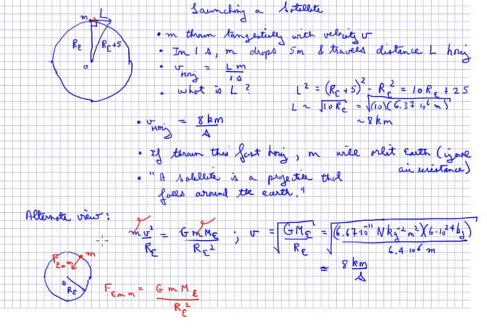Down below here I have an alternate view using Newton's second law, and here we have a satellite that's going around the surface of the Earth at a radius r sub E, in other words, just barely above the radius of the surface of the Earth.